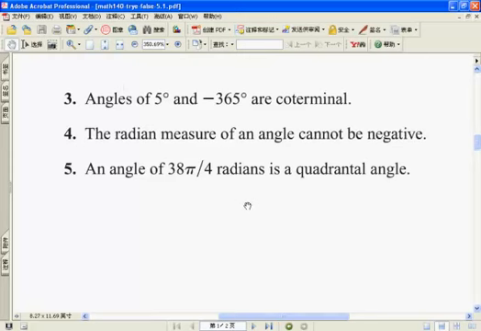Number 3, angles of 5 degrees and negative 365 degrees are coterminal. True or false?